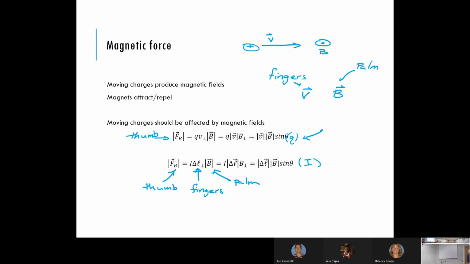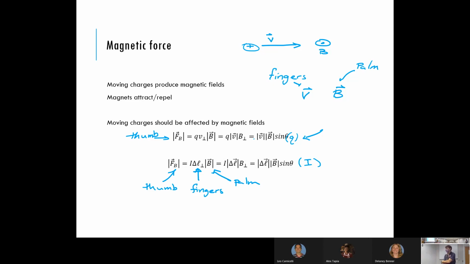Here's a good question. Let's think about a proton moving through a magnetic field. Say the proton's moving to your right, just like I have it drawn. Let's say the magnetic field's out of the board.